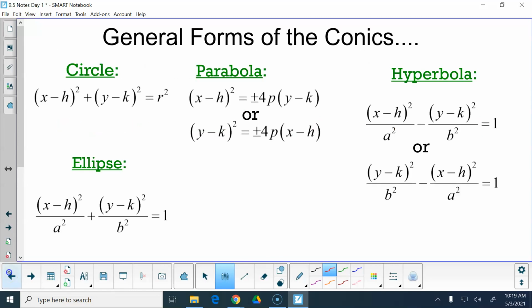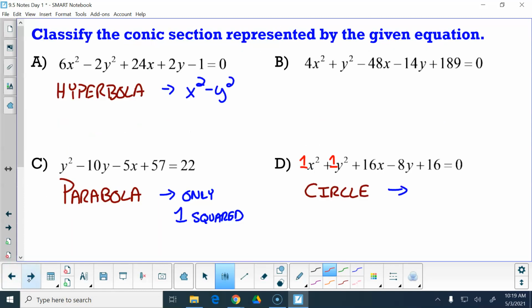So the circle here has 1 for X squared and Y squared coefficients.